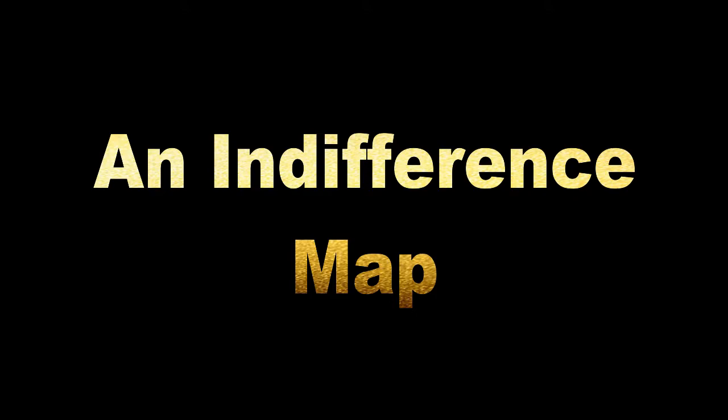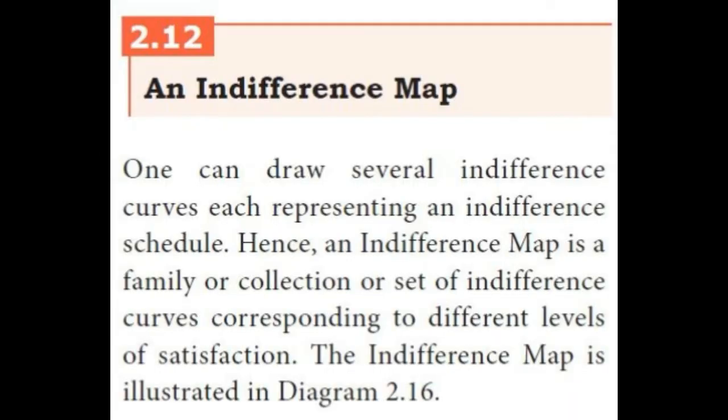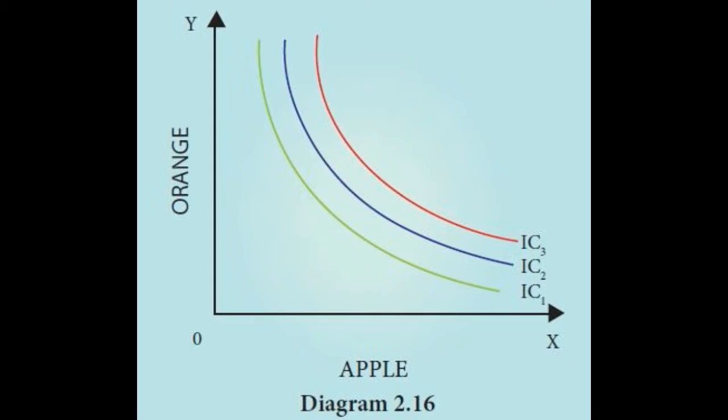Next, indifference map. Several indifference curves drawn in one diagram is called the indifference map. Each indifference curve represents different combinations of the two commodities giving the same level of satisfaction. So an indifference map means a family, collection or group of indifference curves representing different levels of satisfaction. In this diagram, IC1, IC2, IC3 represent the indifference map.